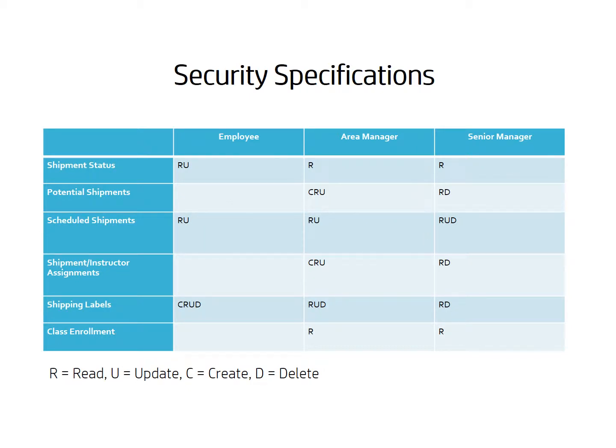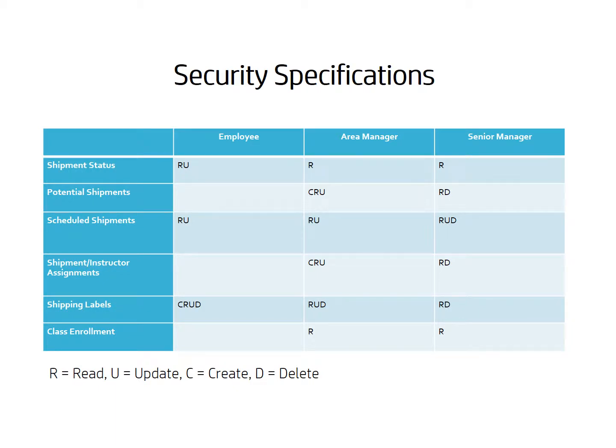The reason the shipping employee has all 4 levels of access with the shipping labels is so that if a mistake is made, it doesn't need to get moved up the chain to management. The area manager and the senior manager are able to read all of the 6 entities or data types.